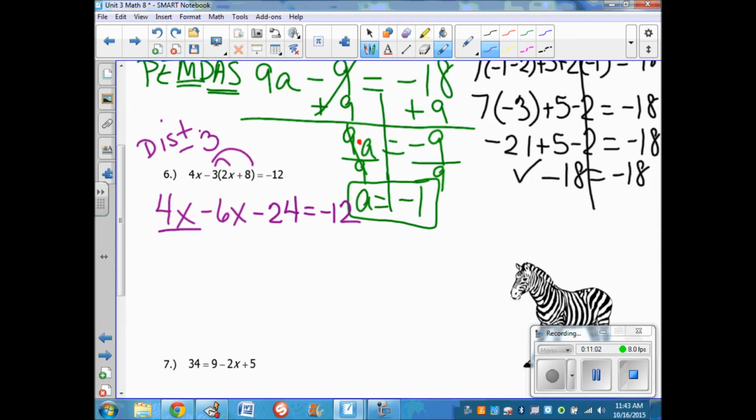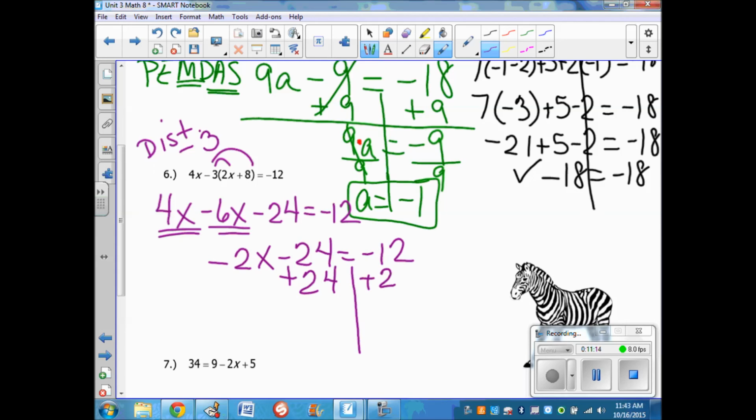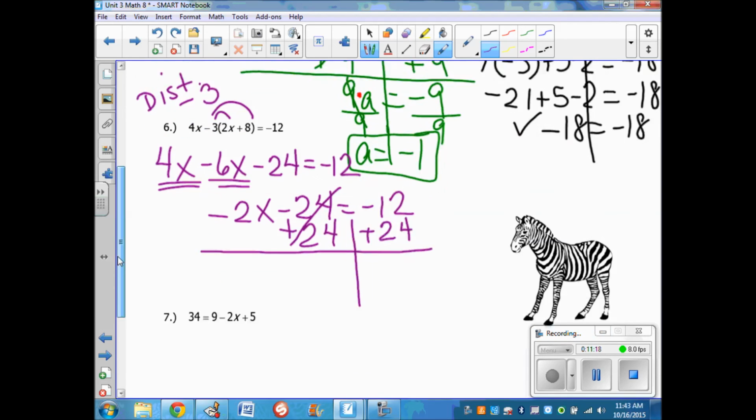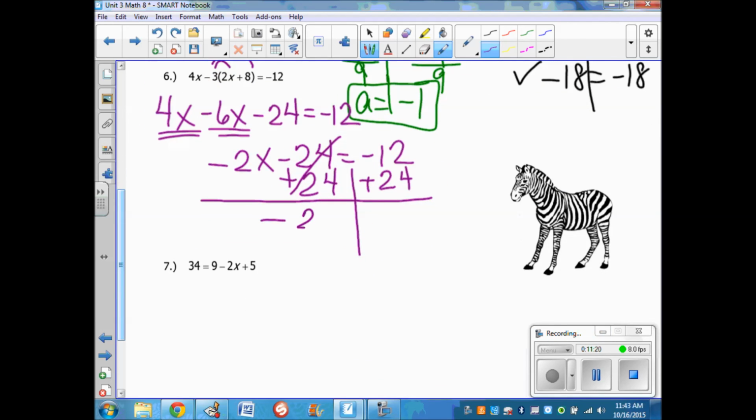Now I'm going to combine my like terms. Negative 2x minus 24 equals negative 12. Now I have my two-step equation. Add 24. Always have those calculators handy. I don't want any careless mistakes with calculation. Equals 12. We divide by negative 2, and we end up with x is equal to negative 6.